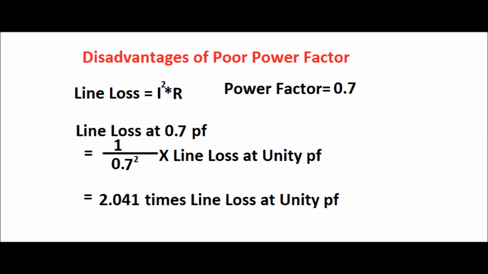Then line loss at 0.7 power factor will be equal to 1 by 0.7 square times the line loss at unity power factor, which comes to 2.041 times the line loss at unity power factor. So if the power factor decreases from unity to 0.7, then line loss will be almost double that of the unity power factor.